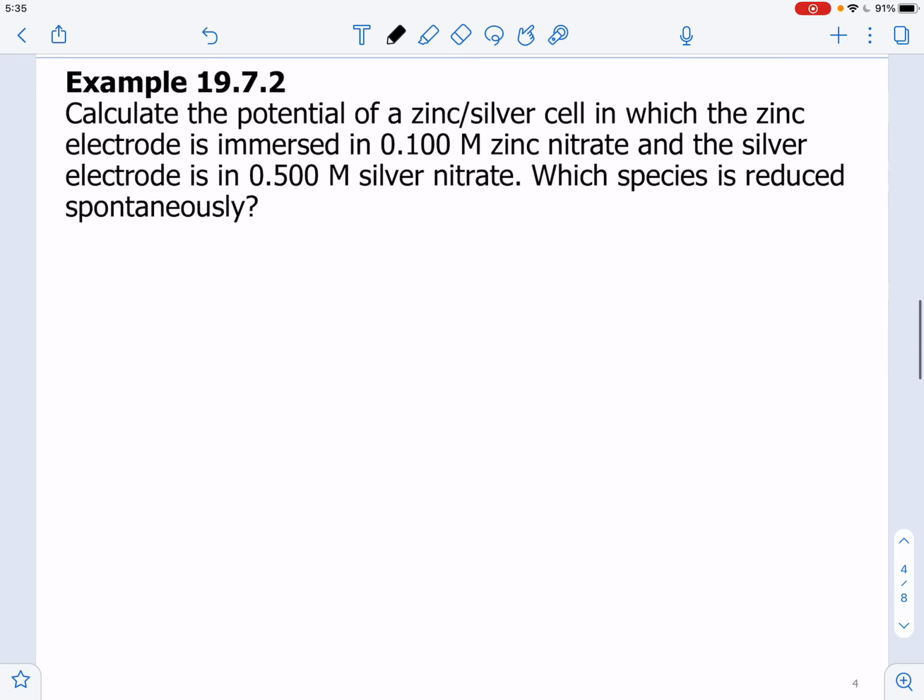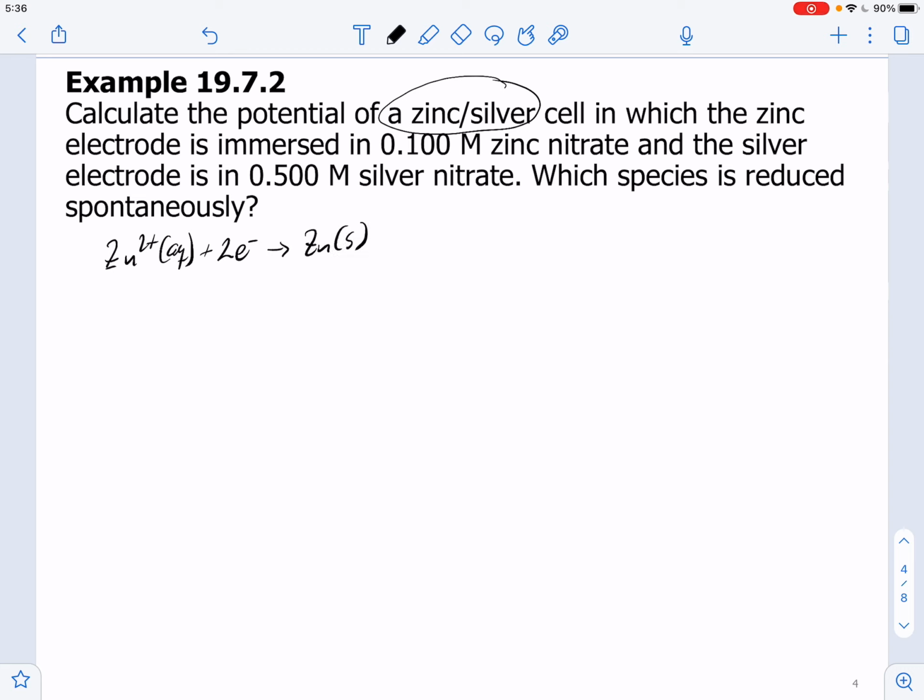All right, so what if now we combine this with another half reaction, so that we have a full cell? Now we have a cell that contains zinc and silver. So what are the reactions here that we are looking at? We have the same one that we had before: zinc 2 plus plus 2 electrons go to zinc solid.